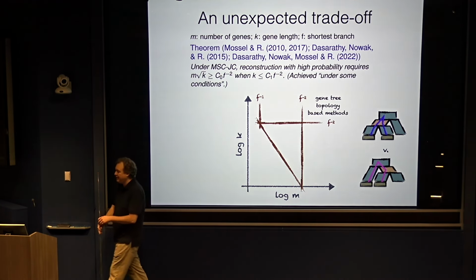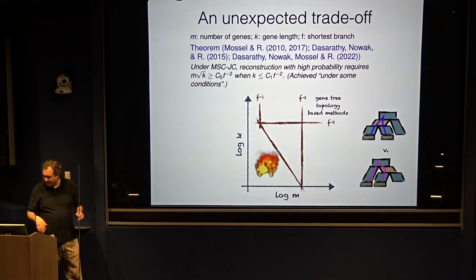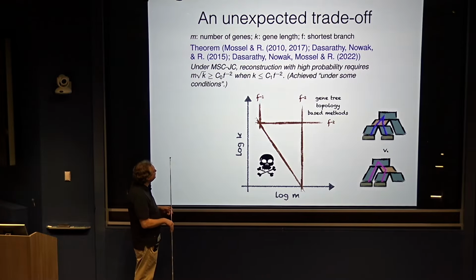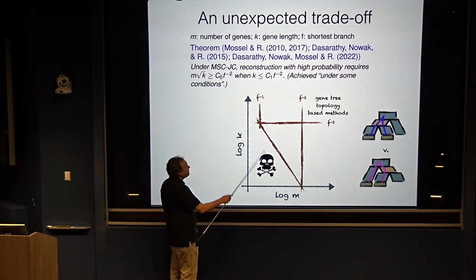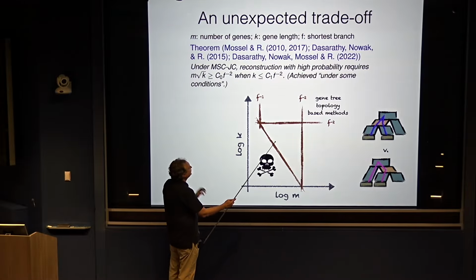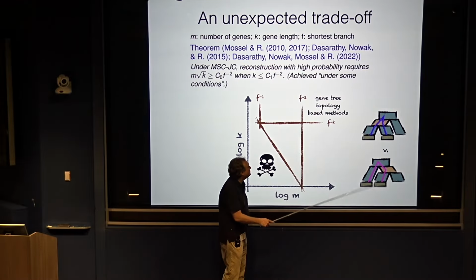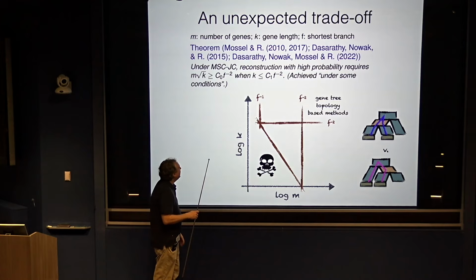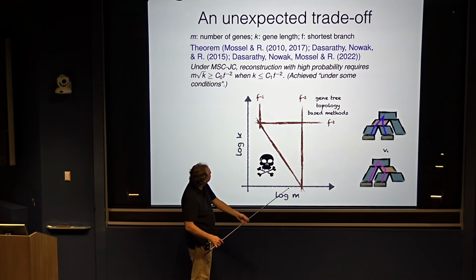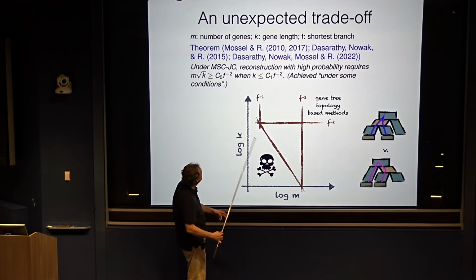Vice versa, it turns out that there's a non-trivial trade-off between the number of genes and the length of the genes, where if you're down here, you cannot do anything. That comes from this information-theoretic method of looking at the distance between these two distributions. And it has this weird trade-off where it's a slope of -1, -2 or something here.